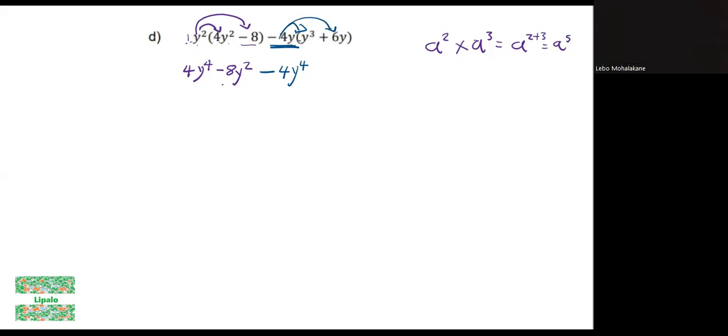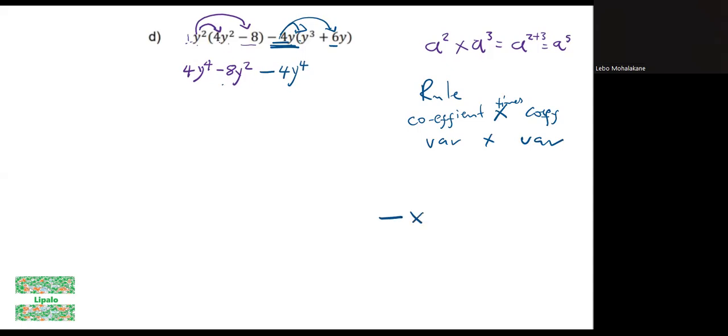Now, the rule for multiplication of terms. Coefficient times coefficient. I will repeat this 100 times. Variable times variable. So negative 4 times positive 6. Recap again on multiplying negatives and positives.